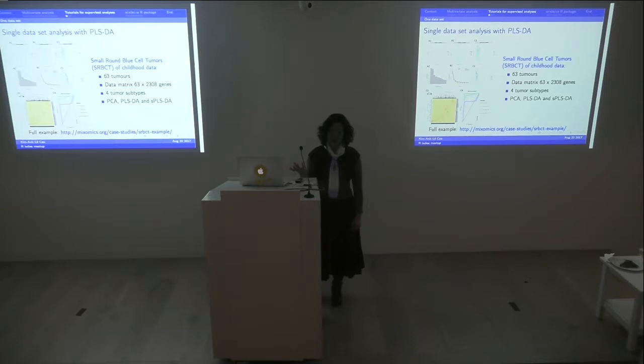I haven't told you about this because it would take me more than 1 hour. But basically what you can do is you can have a training set where you train your model. You tell the method, I want to discriminate those groups. I want you to identify the different genes that drive the differences. And once you have trained your model, you can test it on an external data set.